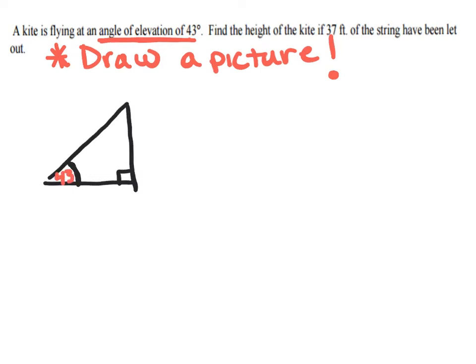Now, if we were to continue to draw based on what is given, it says find the height of the kite if 37 feet of string have been let out. So using the fact that I know it's a kite, I'm going to draw my kite. Here's my person.